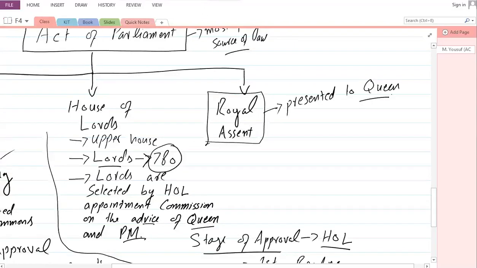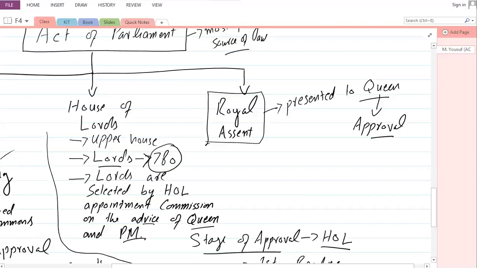So Elizabeth II is the Queen of the UK. That bill will be presented to the Queen, and the Queen will give the approval that this bill is approved. The approval by the Queen is called royal assent.